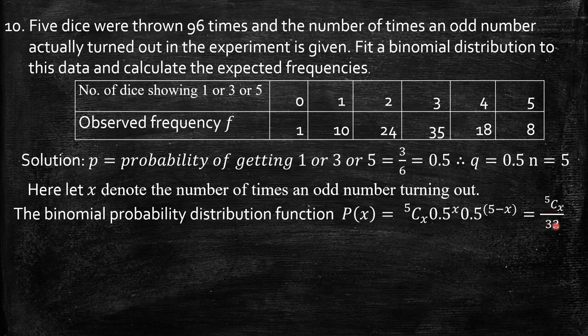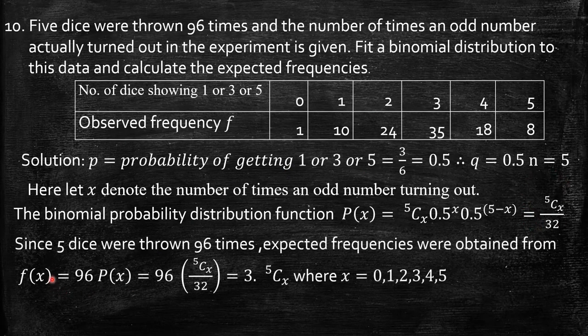But here we are interested in finding the expected number of frequencies, that is the expected number of dice turning out 1 or 3 or 5 out of 96. So we have to multiply this by 96. 5 dice were thrown 96 times, therefore the expected frequencies are obtained from 96 multiplied by this probability function.